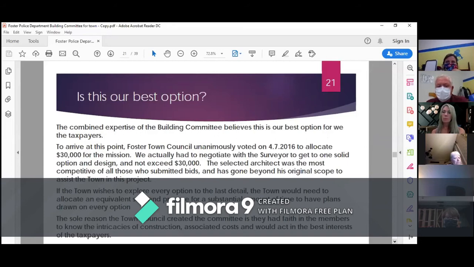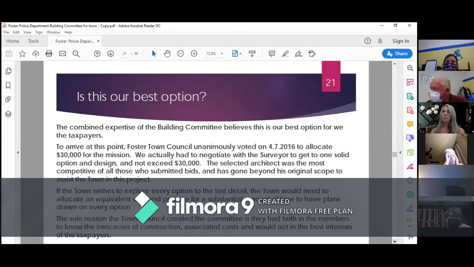They had 2 options. One is a very expensive one, which I don't blame them for not going, because I wouldn't do it either, is you pick all those places. You pick the church, you pick the town hall, you pick the existing police station, you pick the Paine school, whatever you think would be a good police station, and you allocate 30 grand to all of them. And then you allocate a year or 2 of time to all of them to try to produce all these plans and get it down to a number.